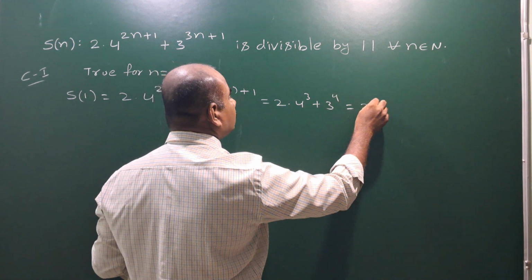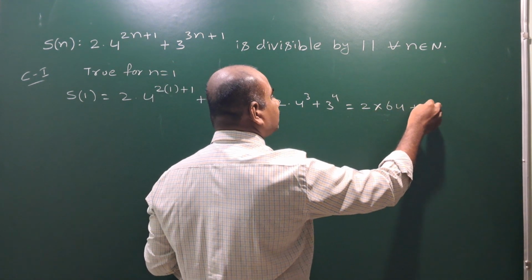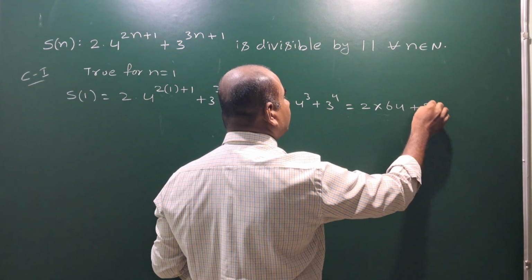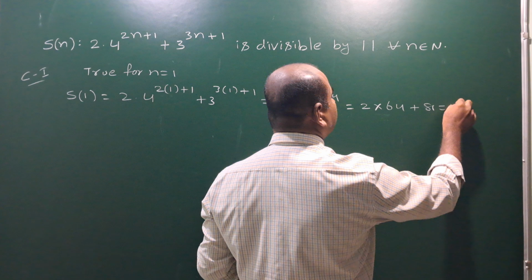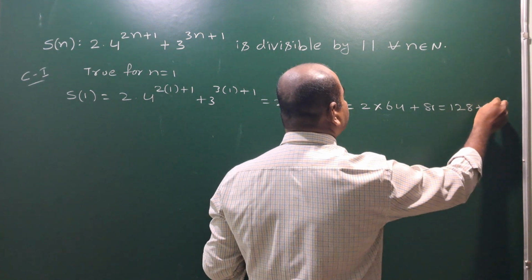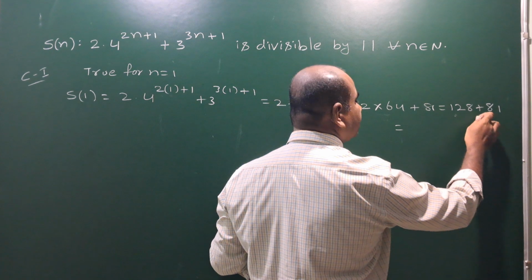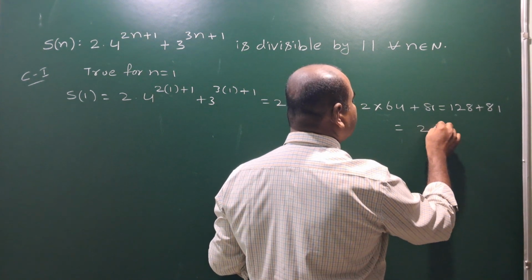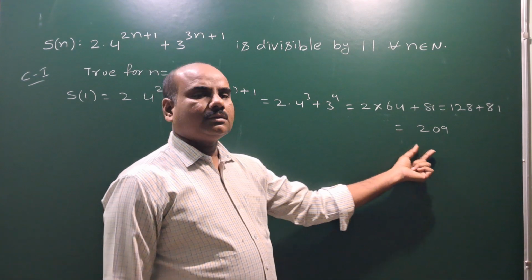So that is equal to 2 × 4 cubed, which means 64, plus 3^4, which means 81. We have 2 × 64 = 128 plus 81, so 128 plus 81 gives 209.